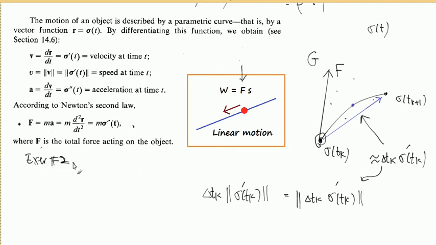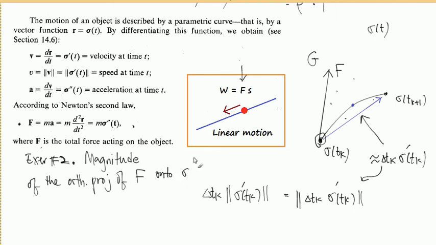So, the magnitude of the orthogonal projection of the vector F. The vector F is huge, and this line segment here, the vector segment, is so small, onto the huge vector sigma prime tk.